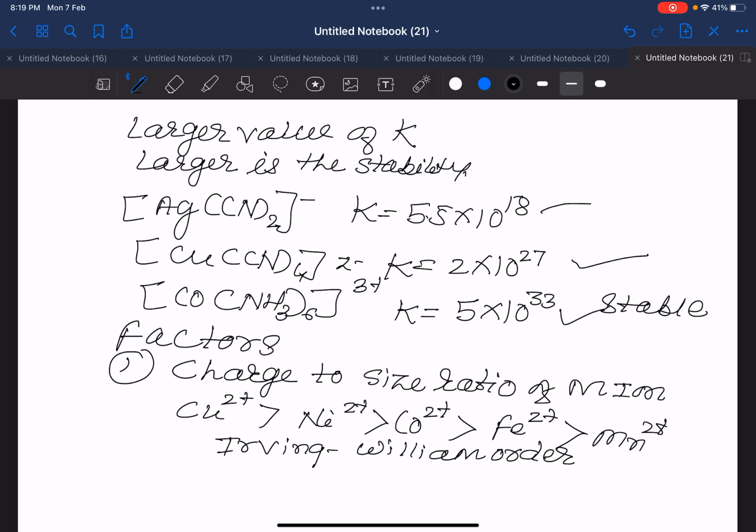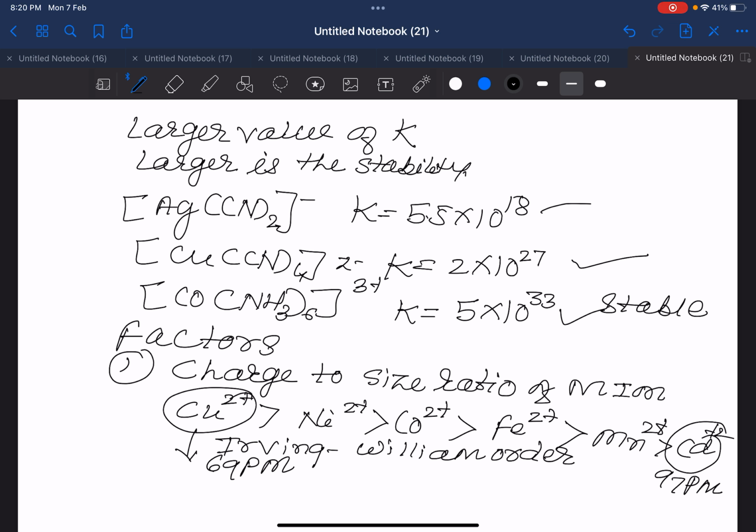In the above list, both Cu and Cd have +2 charge. However, the ionic radius of Cu is 69 picometer and that of Cd is 97 picometer.